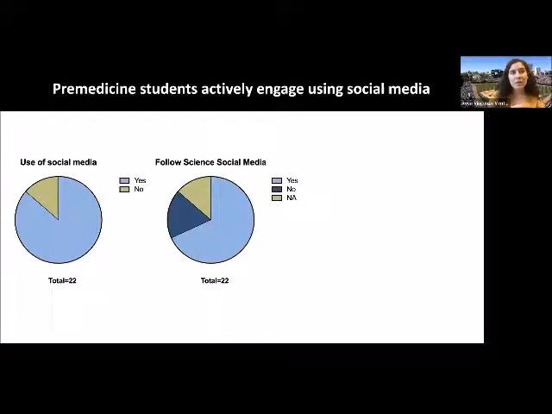So following the end of winter quarter, I took a survey to see if the students in my class use different types of social media. And for the most part, my students were using social media, and most of them were also using social media to follow different types of science-related content.